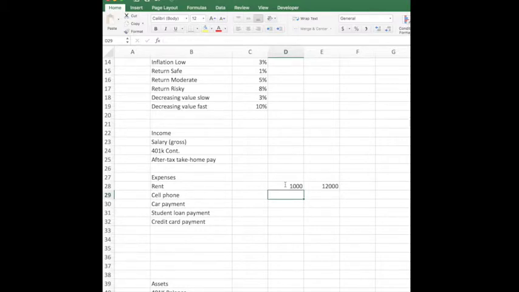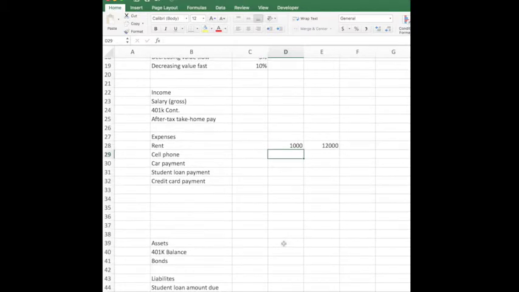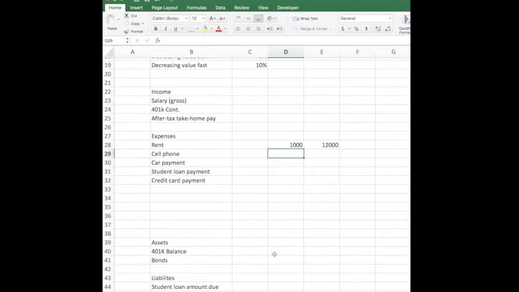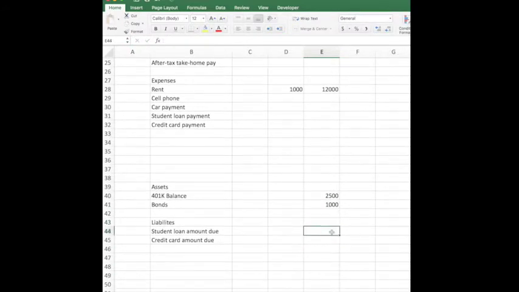So this is an easy way to set up your entire spreadsheet, and go ahead and do this for all of these. Your assets here are not monthly. Your bills are monthly. Your assets value here, so let's say you have $2,500 in your 401k, and you have $1,000 worth of savings bonds, and maybe you have $15,000 in student loan debt, and maybe $5,000, yikes, on a credit card.